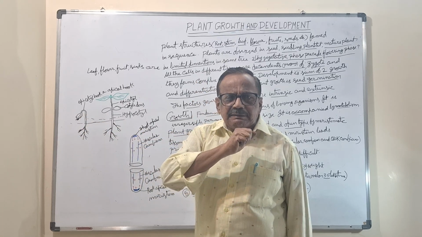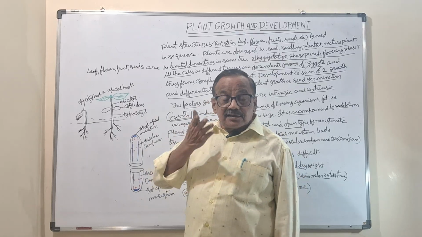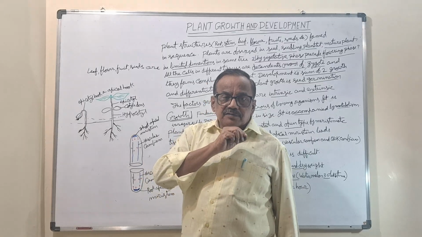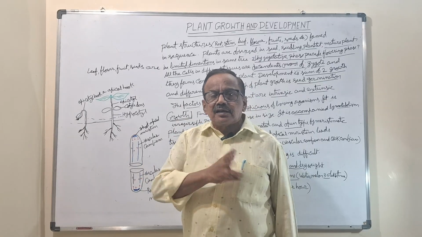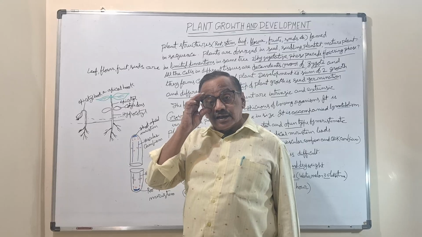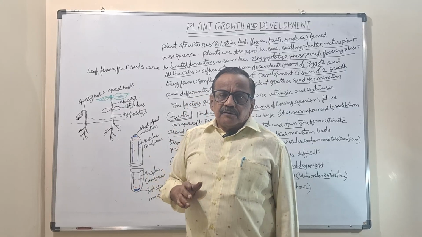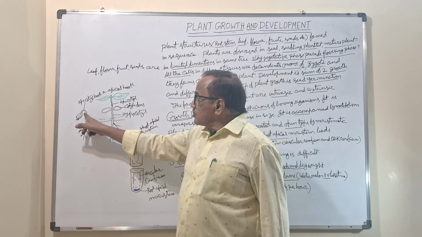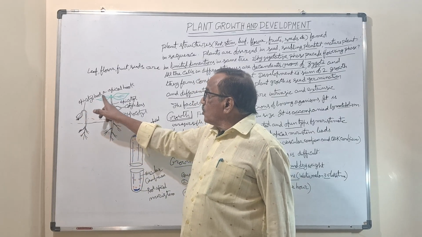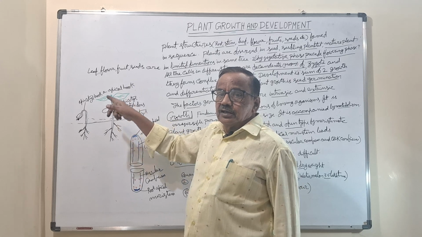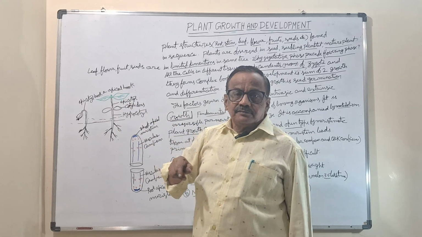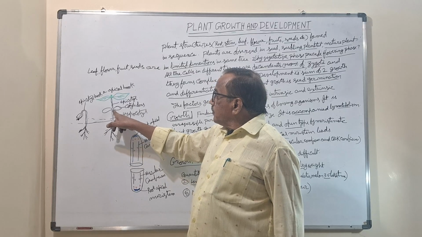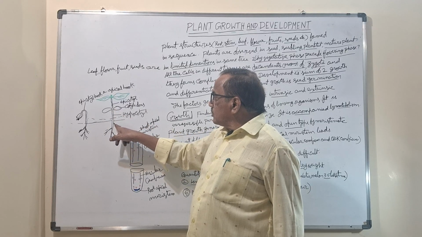All these are very, very important, because he has shown it clearly and given the parts marking also. The parts are mentioned in the diagram but not in the theory. But he has the right to ask, what is this? The hypocotyl forms the epicotyl hook or apical hook. The apical hook is formed by ethylene, and the hypocotyl is the distance from the embryonal axis to the lateral root formation.